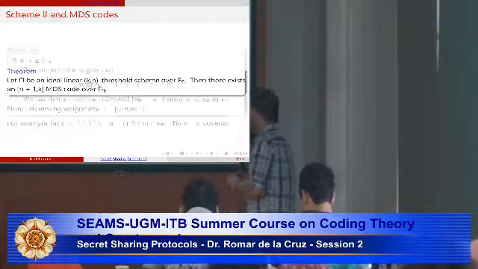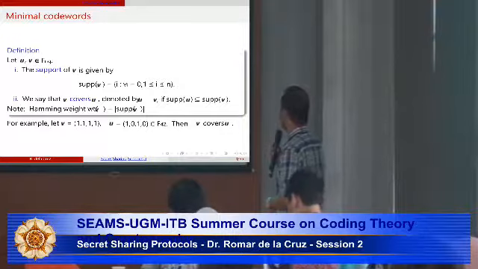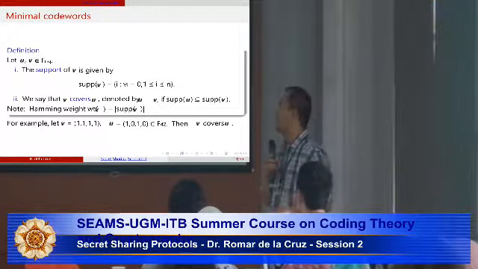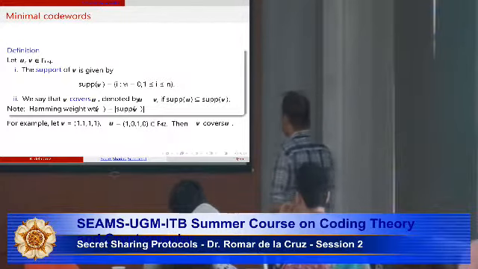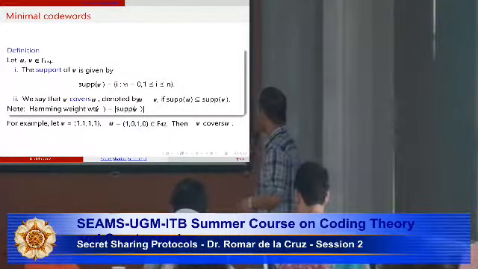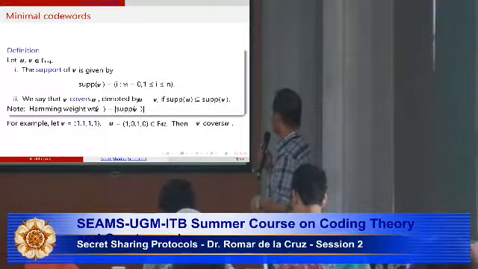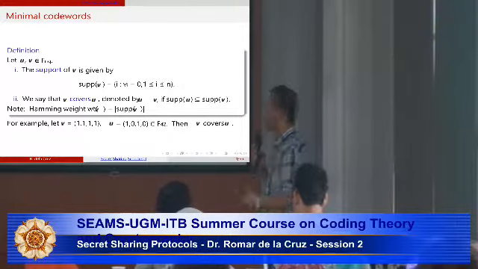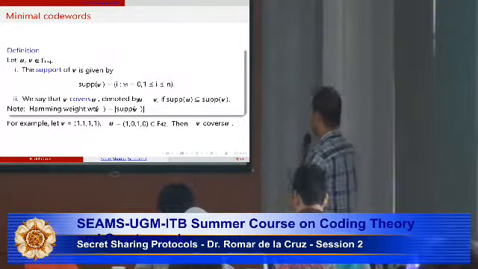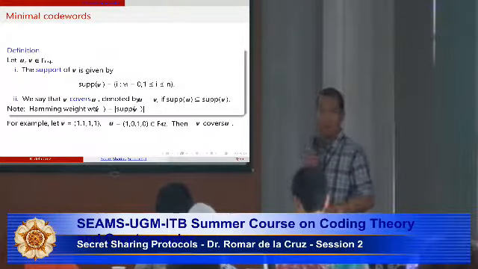Okay, so let us define codewords with certain properties. We call them minimal codewords. First we define the support of a vector. The support of a vector v is the set of non-zero positions of the vector, so the set of all i such that v_i is non-zero.